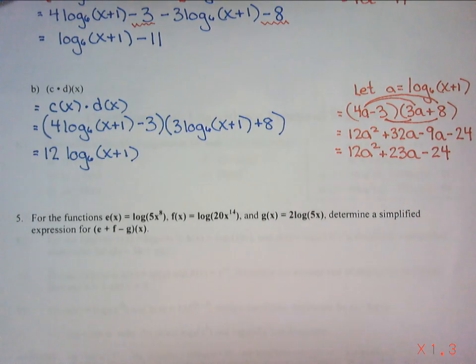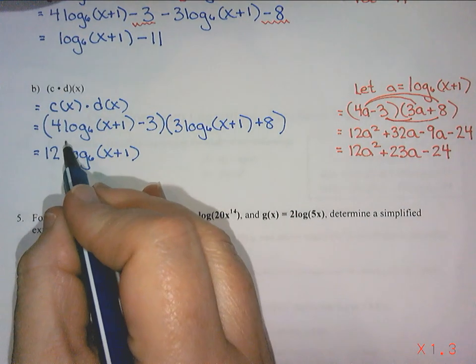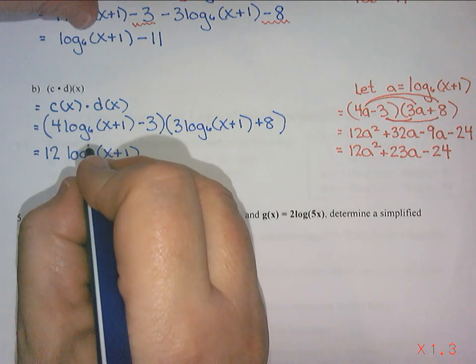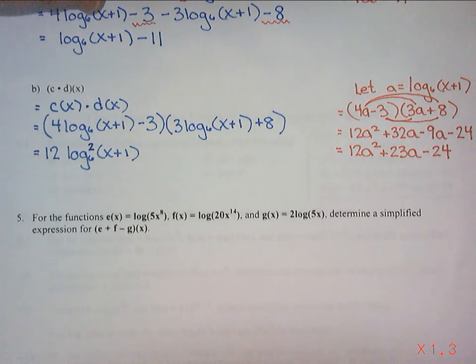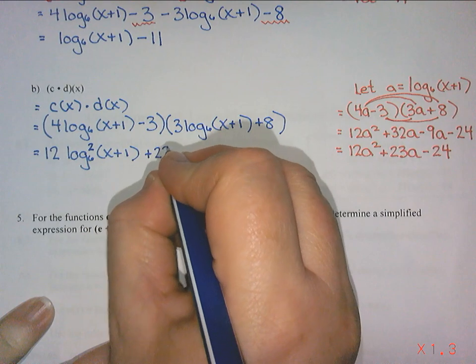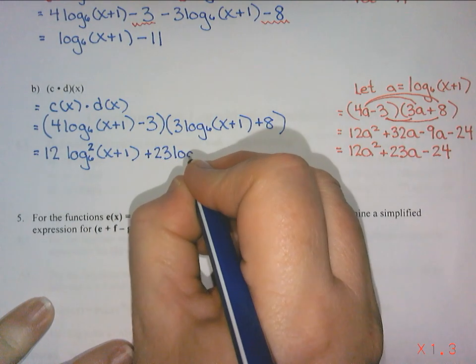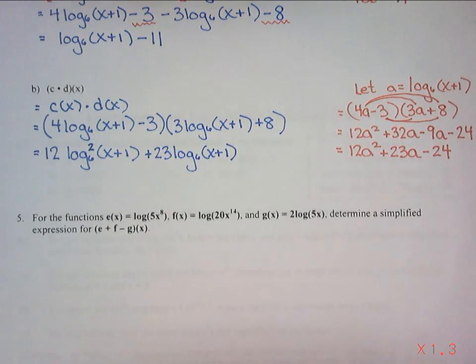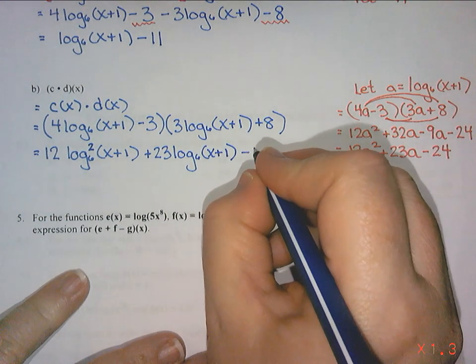And then the place where we put the square, either you put a bracket around the log and then a square, or we sneak the square in between the log and the argument. Right? And then we're going to do plus 23A, or 23 times log base 6 of X plus 1. And then minus 24. Nothing to sub in there.